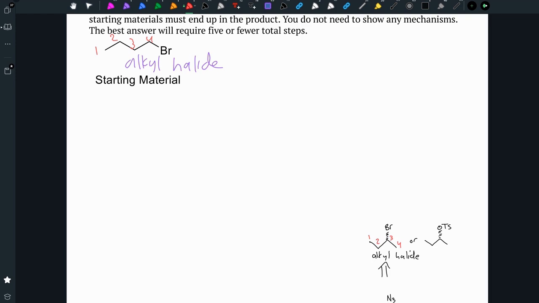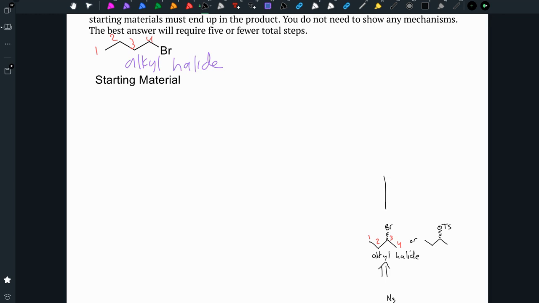Well, this isn't that hard a problem. I know that I can turn an alkyl halide into an alkene, and then I know I can turn an alkene back into an alkyl halide. But the key is when I make the alkene, now there are 2 carbons in that functional group, and one is more substituted, one is less substituted. I can probably make this change.